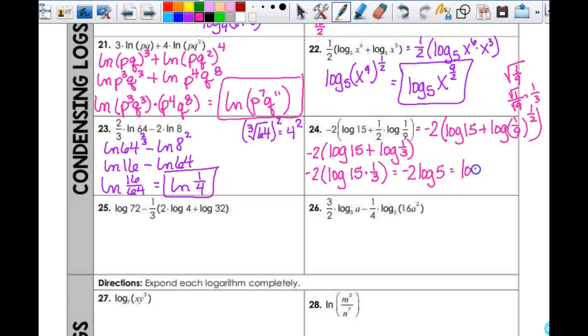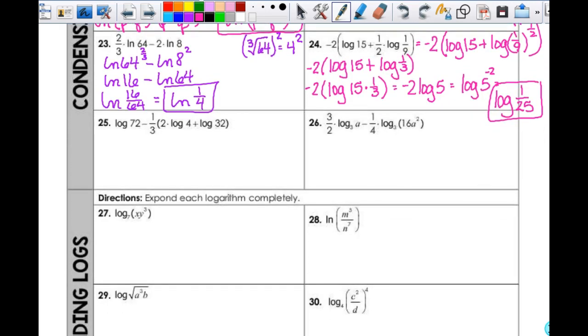So that's log of 5 to the -2 power. So what's 5 to the -2 power? What does the 2 make it into? 25. What does the negative do? Reciprocal, right? So it'd be 1 over 25. Okay, we good?